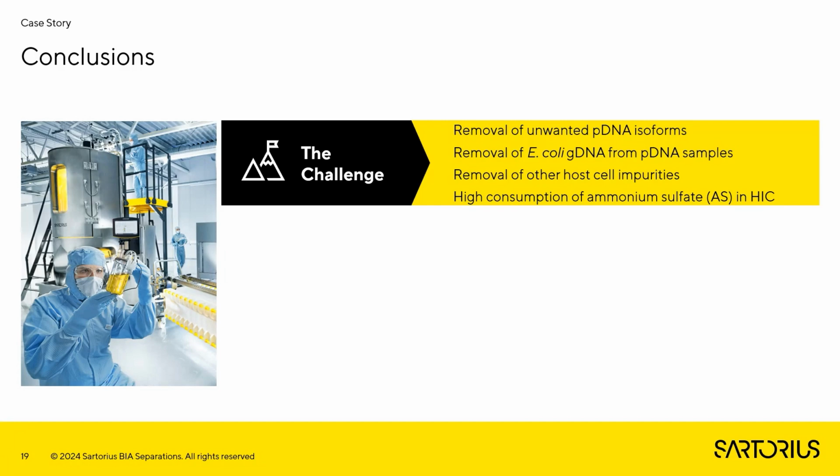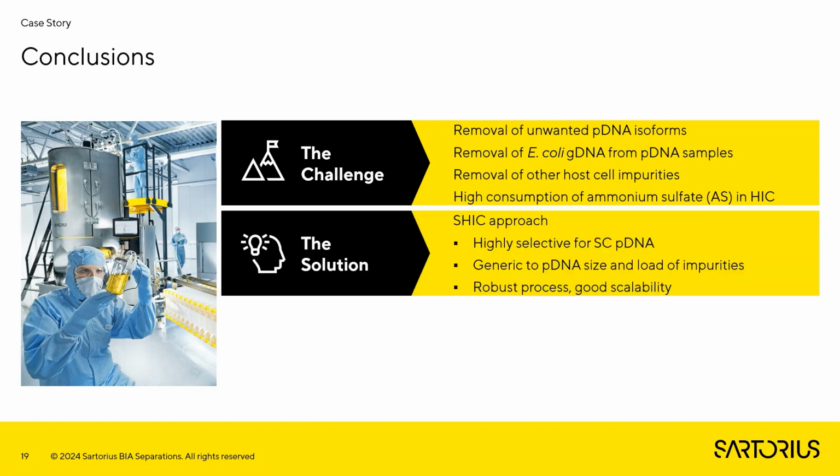And last but not least, also high consumption of ammonium sulfate represent a real challenge on a production scale for all the customers. But we found a solution, which is highly selective for supercoiled plasmid. So for the target molecule, it's generic to plasmid size, to load of impurities, and it represents a robust process with good scalability options.